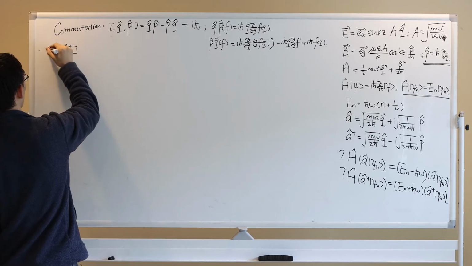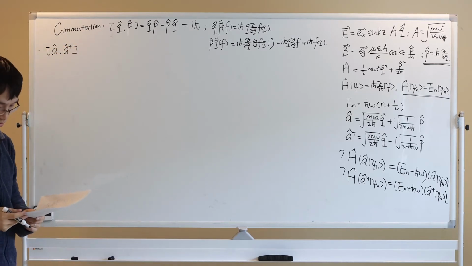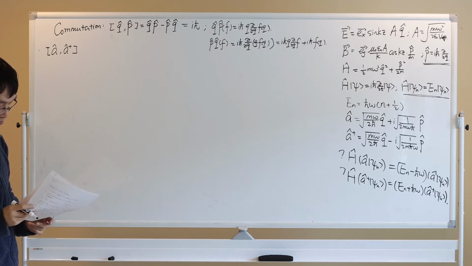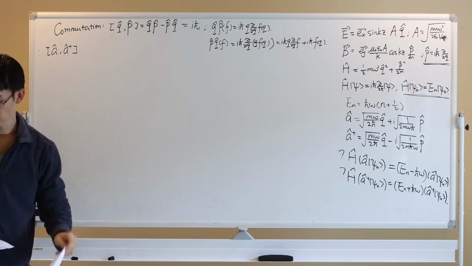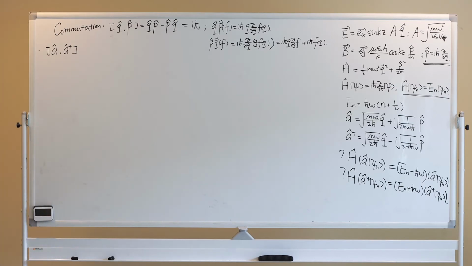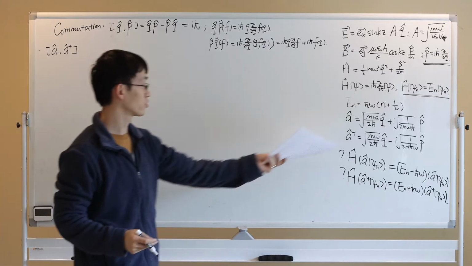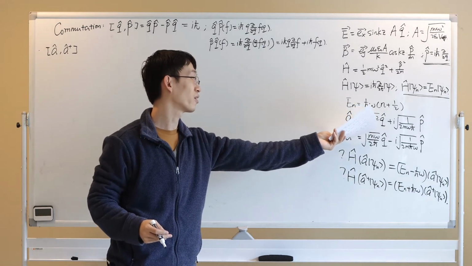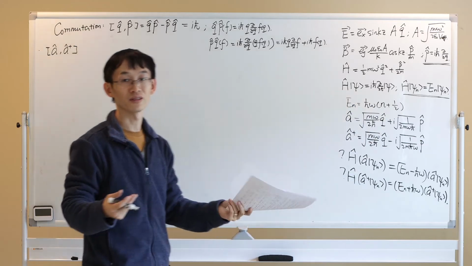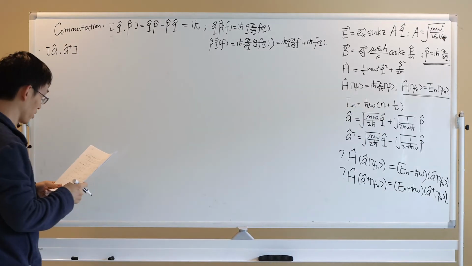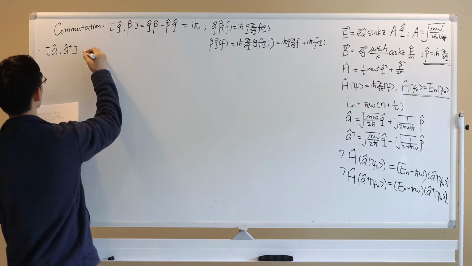How do they commute? The way to calculate this is very straightforward. Use this, and then you know how Q and P commute, and then you can get how A and A dagger commute. So let's write it down.